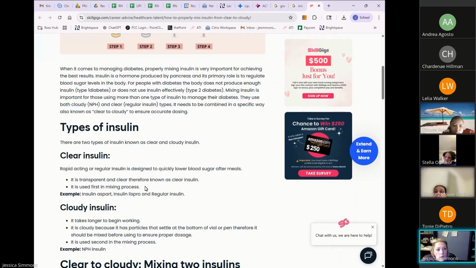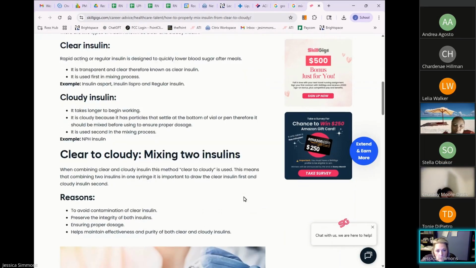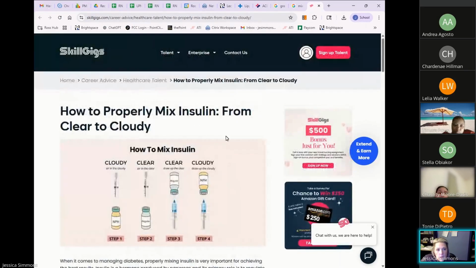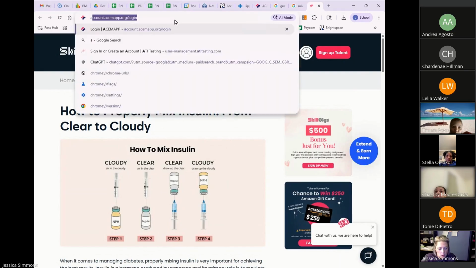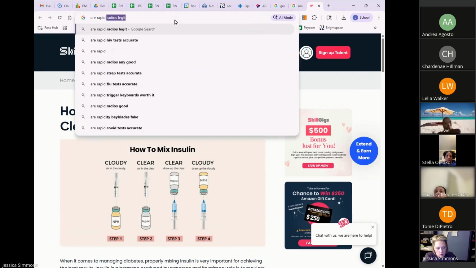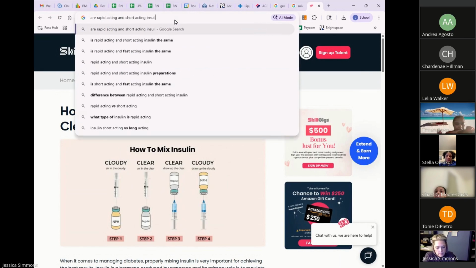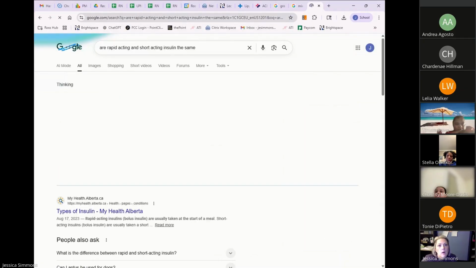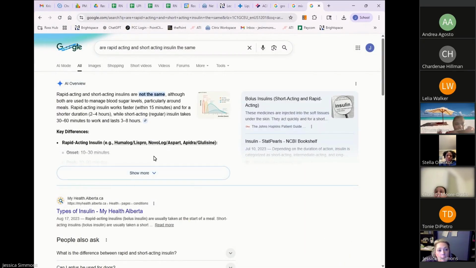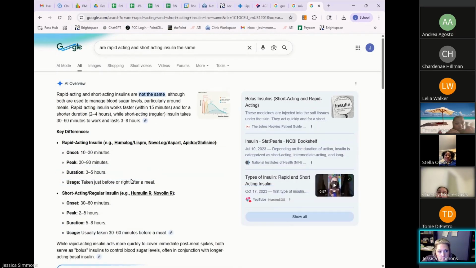So our clear insulin, rapid acting or regular insulin, is designed to quickly lower the blood sugar after meals. This is going to be your insulin aspart, your insulin lispro. Rapid acting and short acting insulin are not the same.